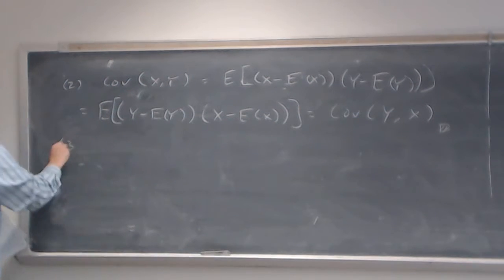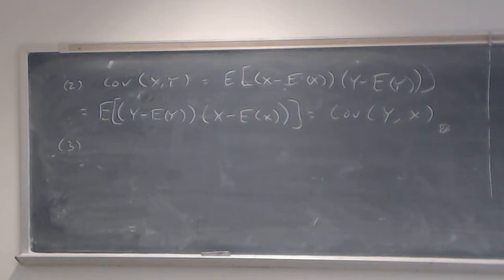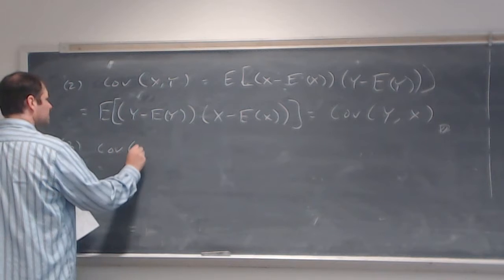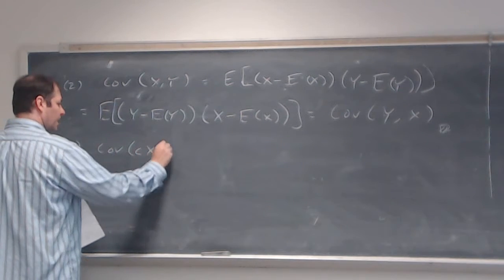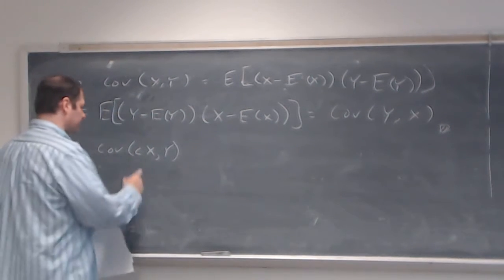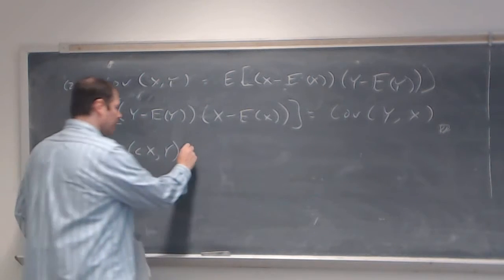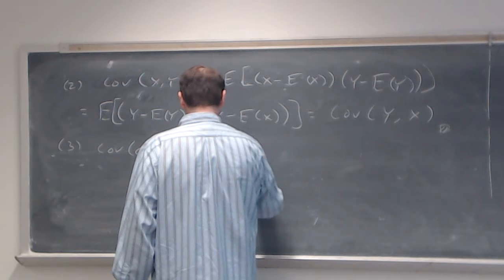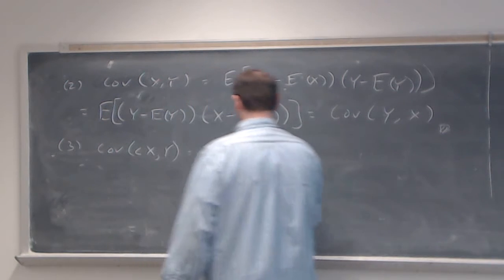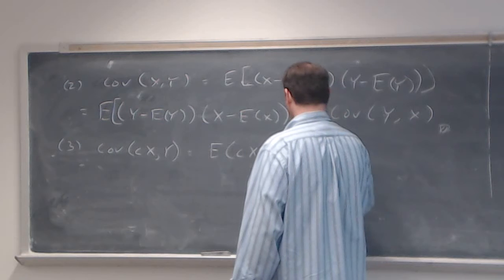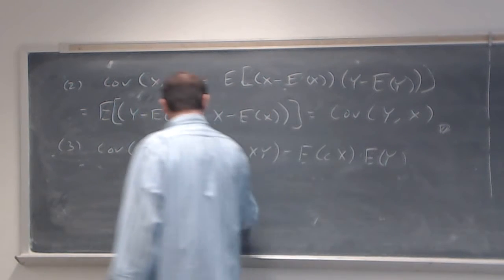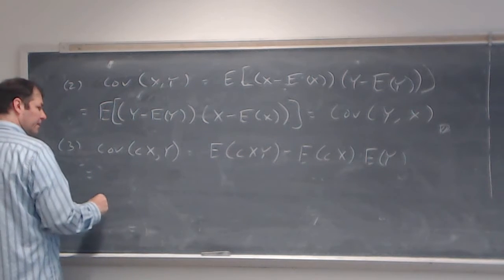For part 3, I'm going to use the fact. And so here, we want to show that the covariance of C times X, where C is a constant, with Y, is equal to C times the covariance of X and Y. Well, by the fact, what this is equal to is the expected value of C times X times Y, minus the expected value of C times X times the expected value of Y. Well, the constant can be pulled out of the expected value.